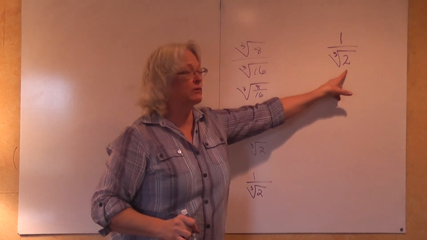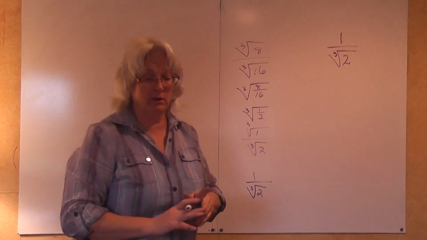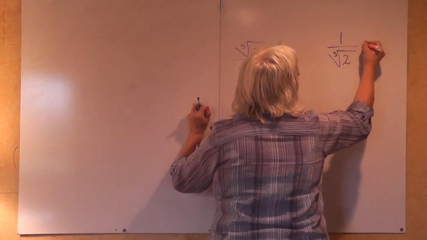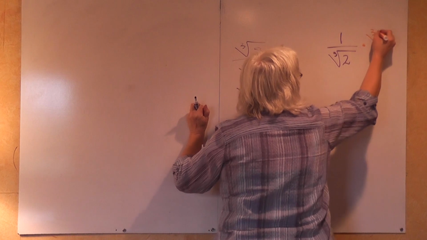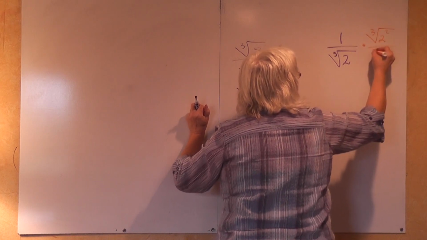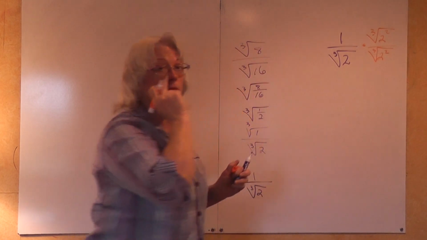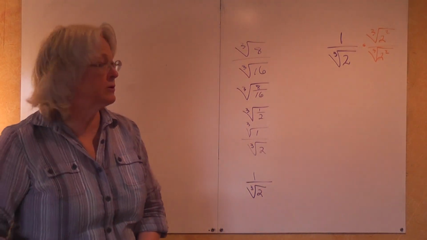We already have one factor of 2. We need 2 more factors of 2. Now hang with me. This might be really weird. We're going to multiply it by the cube root of 2 squared, which is 4. In your book, they do use 2 squared.